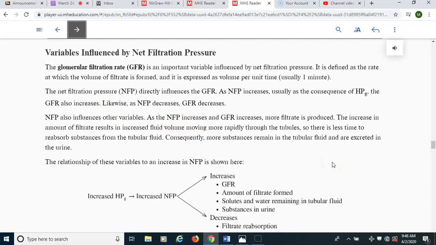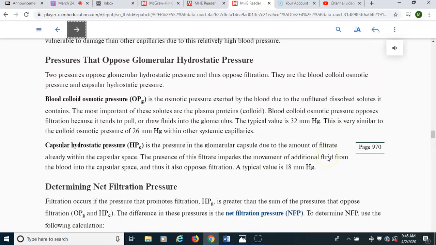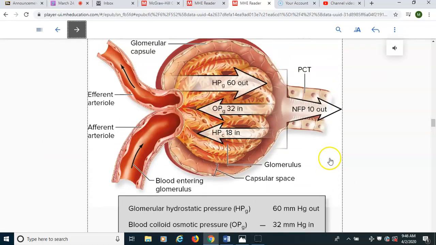So if we have a situation where the net filtration pressure goes up because we have some sort of changes in these pressures. So if we develop high blood pressure, or if maybe we lose some proteins in our blood, that would change these numbers, and that would change our net filtration pressure, and thus our glomerular filtration rate.